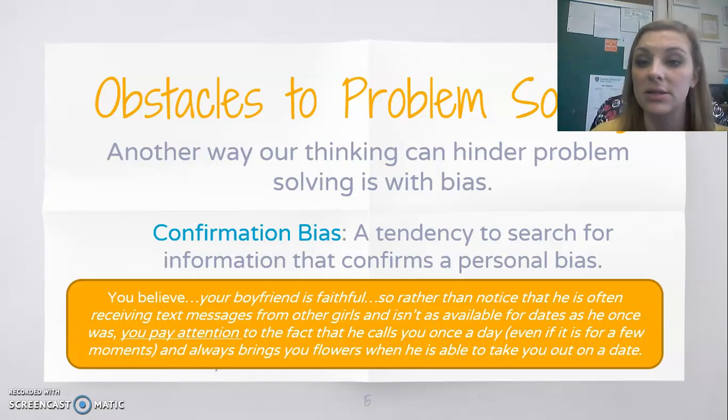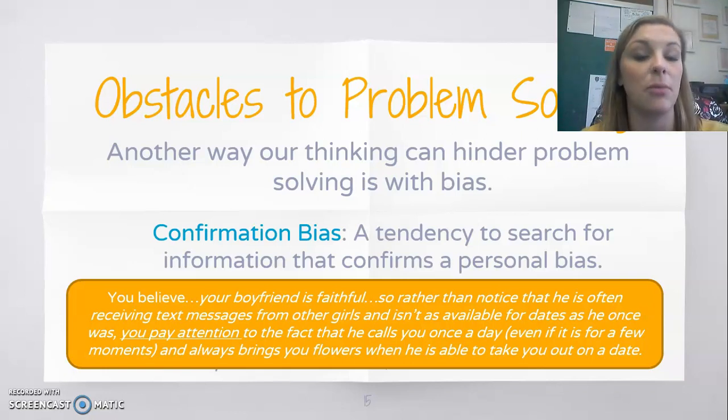So rather than notice that he is often receiving text messages from other girls and isn't available for dates as he once was, you pay attention to the fact that he calls you once a day, even if it's only for a few moments, and always brings you flowers when he is able to take you out on a date. So you focus on those pieces of evidence that support the idea that your boyfriend is faithful. You dismiss the evidence that could be he is not faithful.